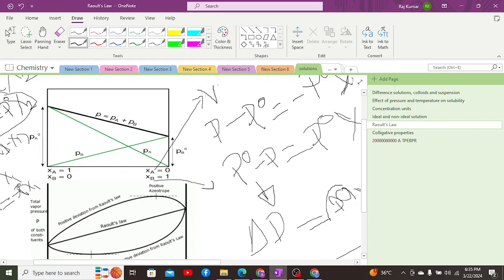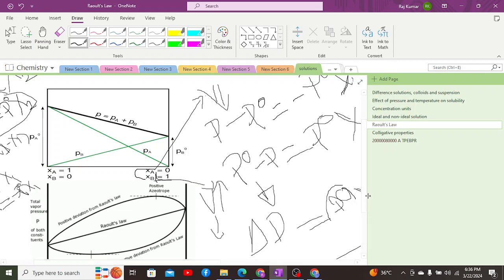Here the vapor pressure is higher in XA because of the lower boiling point, and on the other side in XB the vapor pressure is lower due to the high boiling point. As there is high vapor pressure in XA, it indicates that XA has more volatility as compared to XB.